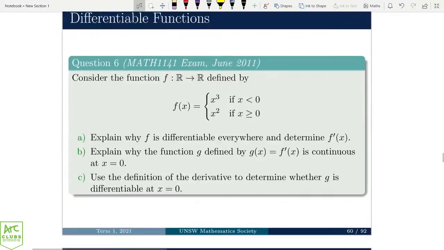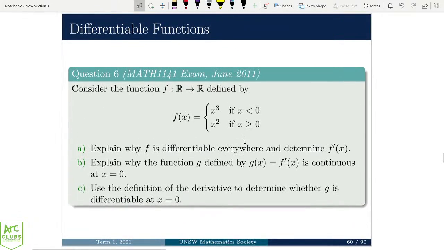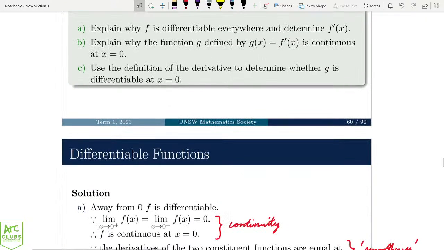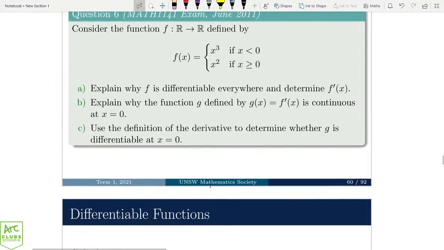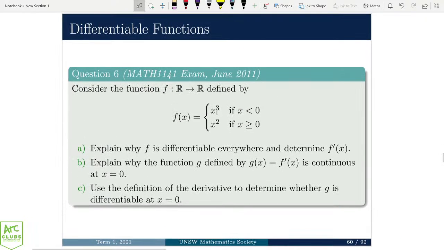So one extra step we need to add is to say that away from 0, f is differentiable. The reason is that we're very familiar with the functions y equals x cubed and y equals x squared, and we know for sure that these functions are differentiable everywhere on their domain. So the only thing we really need to worry about is the behavior of f(x) at the boundary, which is x equals 0.